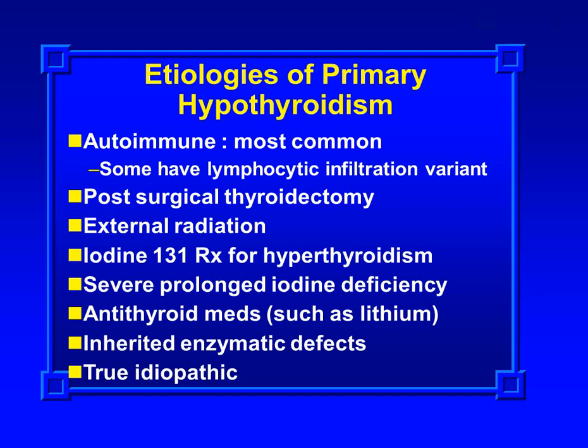Autoimmune, most common. Some have lymphocytic infiltration variant. Post-surgical thyroidectomy. External radiation. Iodine 131 treatment for hyperthyroidism. Severe prolonged iodine deficiency. Antithyroid meds, such as lithium. Inherited enzymatic defects. True idiopathic.